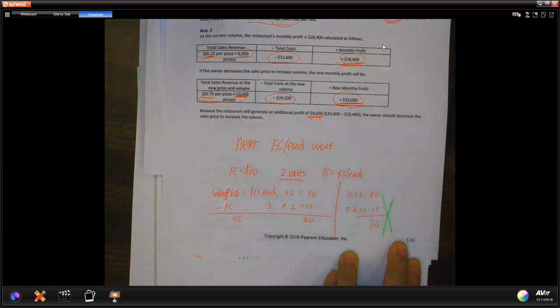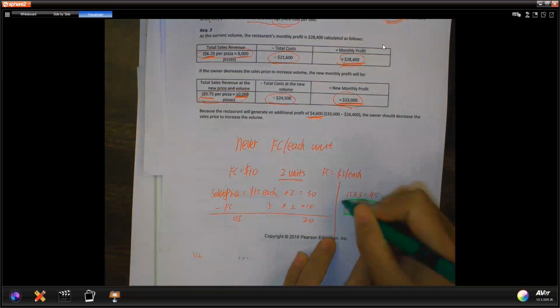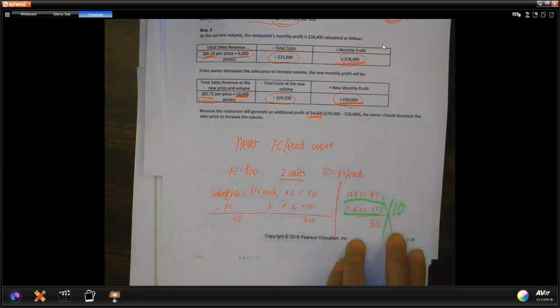Is this right? You should know this is not right. Why? Because when you make 3 units, your total fixed cost is still $10, because your fixed cost is fixed in a certain range. We didn't say that, but you can definitely make more than 2.